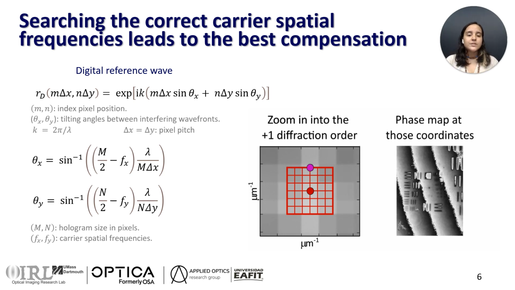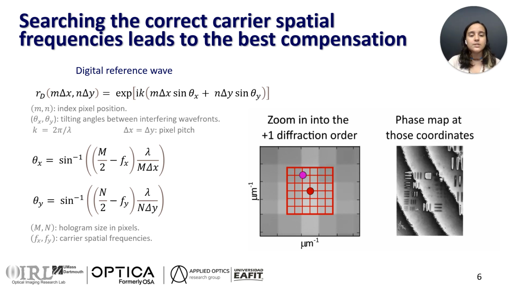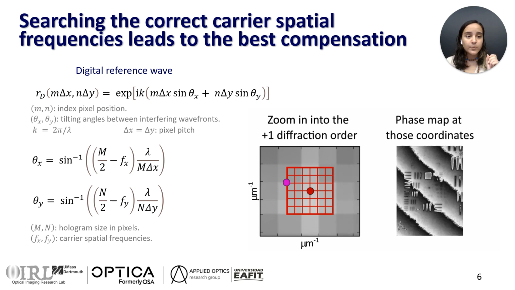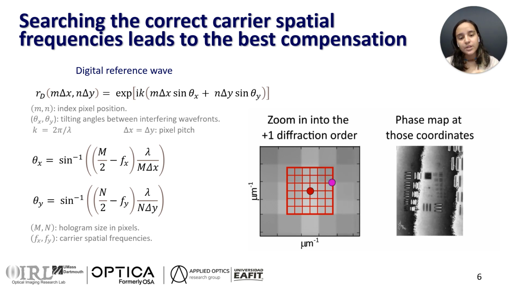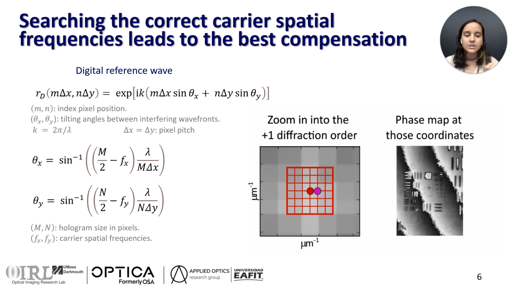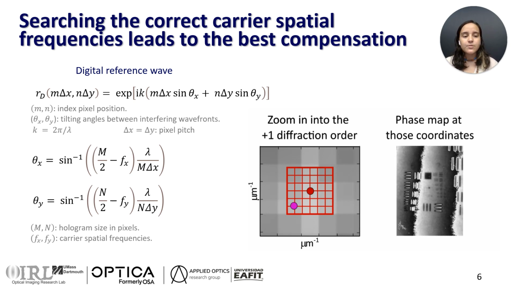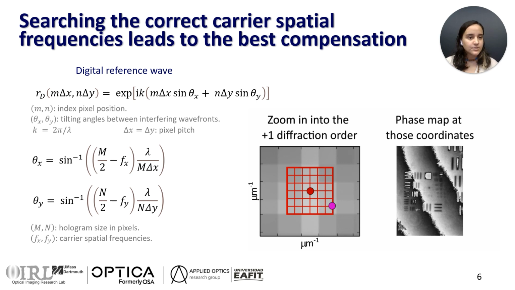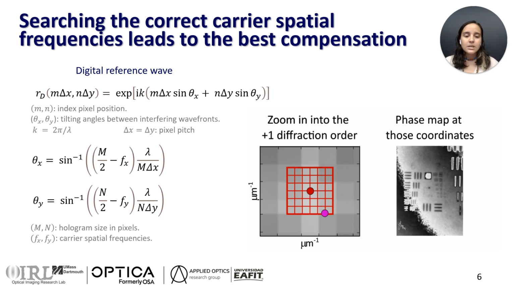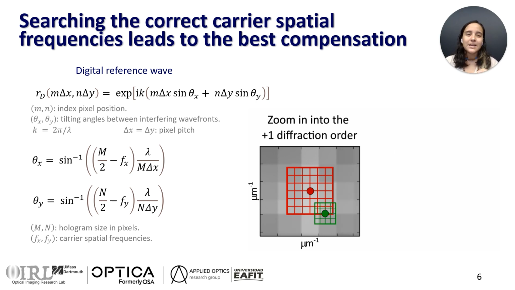This is why we call it semi-heuristic: even though we're performing several search grids, they are guided ones, so we can find the carrier spatial frequency that we're looking for more easily and faster.